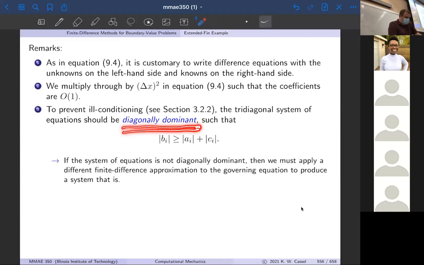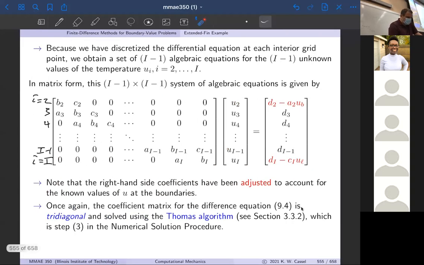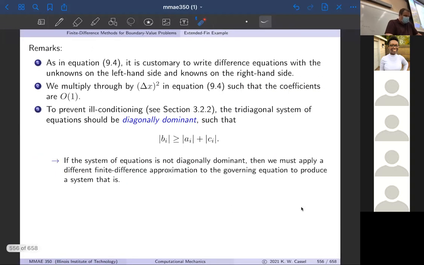So in this case, diagonal dominance means that the main diagonal coefficients, in other words, the B's have to be bigger than the sums of the absolute values of the A's and the C's. If that's true, then it's diagonally dominant, and you can prove that if it's diagonally dominant, then it will have nice properties in terms of actually getting its solution.